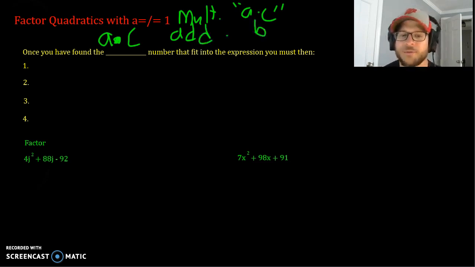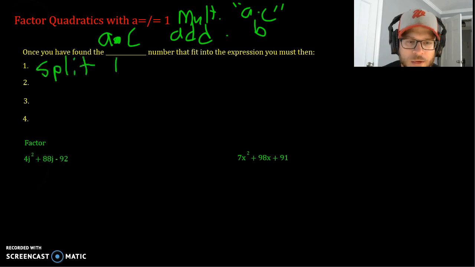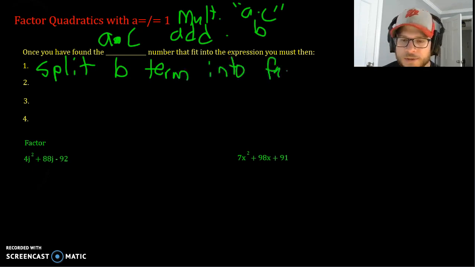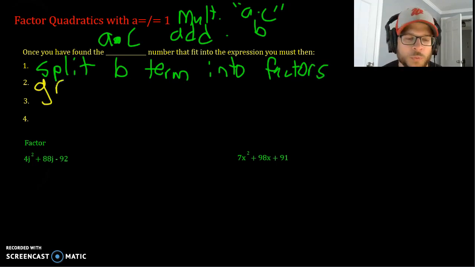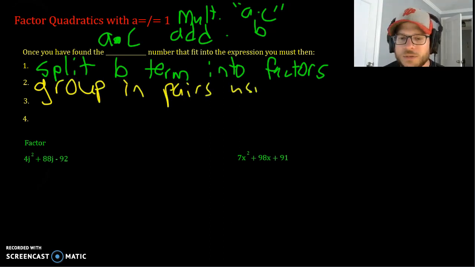Okay, so after you've found those list of factors to get your a times c number, then you have to split your b term into your factors that you've chosen. After you've split up your b term, you group in pairs using parentheses.